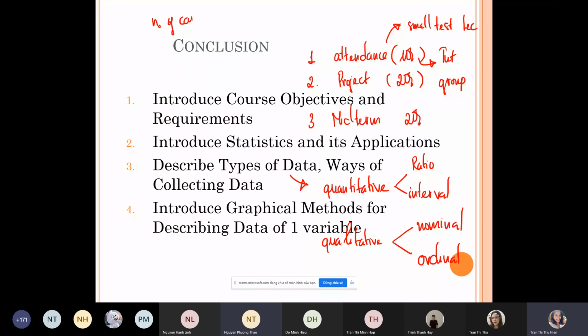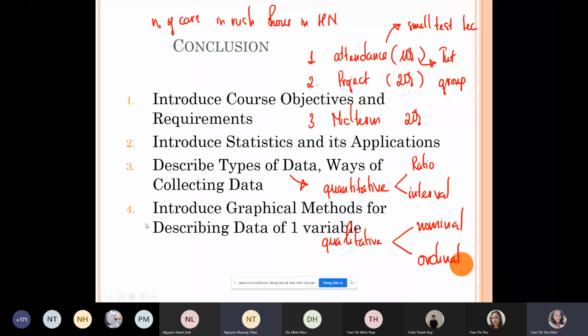Ratio. Yes, so you have to classify the type of data and the scale of measurement.